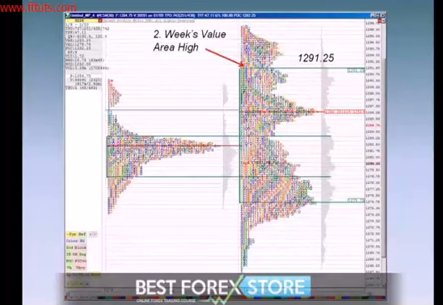The next number that you want to look at, which is also an important number, not just the high in terms of price, but the week's value area high. And in this case, for last week on the ES Mini, the value area high was 1291.25. Now, a key question would be, why do we really want to look at these key values?